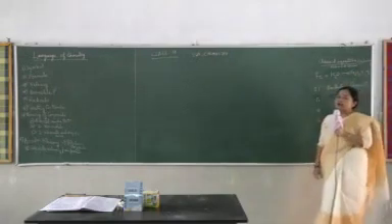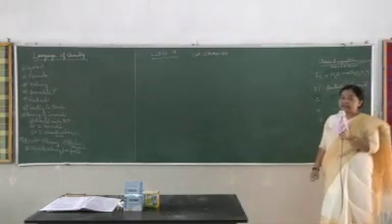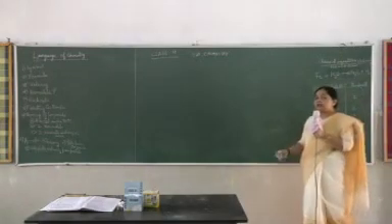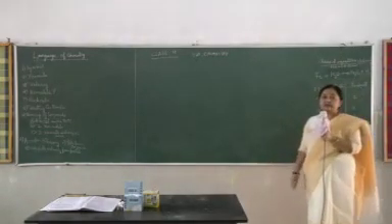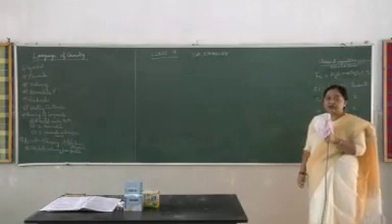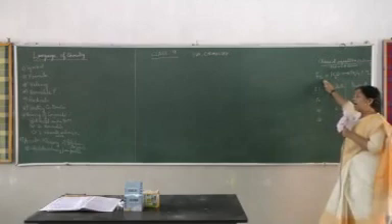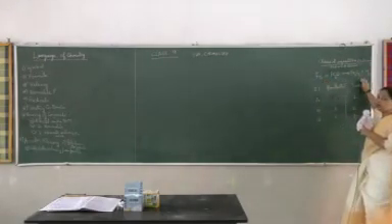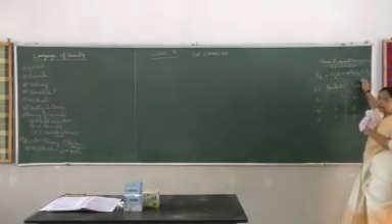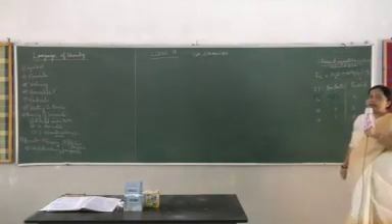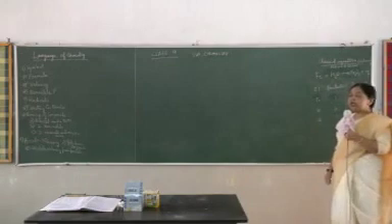Now the law of conservation of mass says that matter is neither created nor destroyed. So the number of atoms on the left hand side has to be equal to the number of atoms on the right hand side. In order to achieve this, the chemical equation has to be balanced.